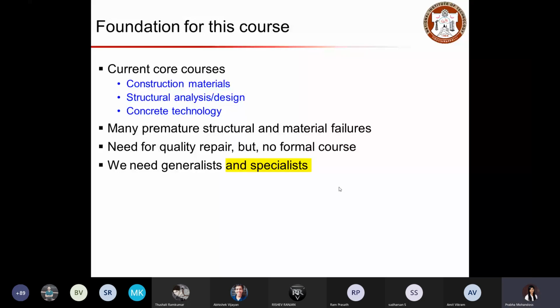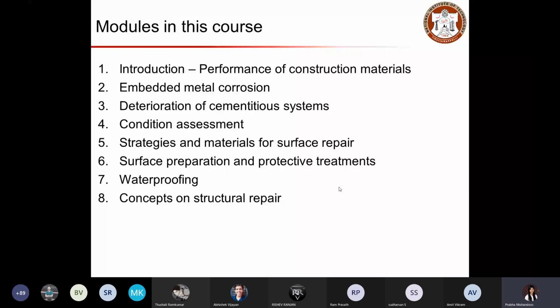All right. And these are the modules involved in this course. First, we'll be looking at a brief introduction to the importance and the performance of construction materials that we use in industry. And then we'll look at the basics of embedded metal corrosion and deterioration of cementitious systems. I hope all these three have already been covered in your concrete technology in detail.